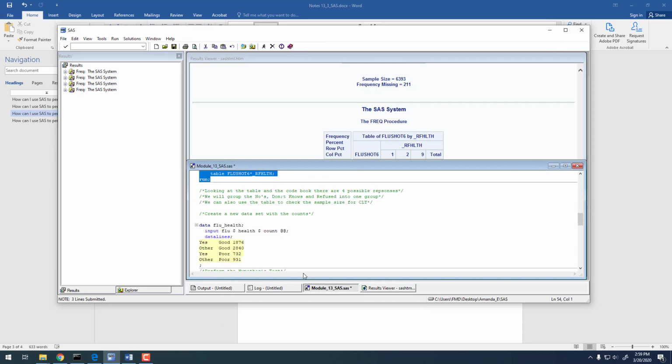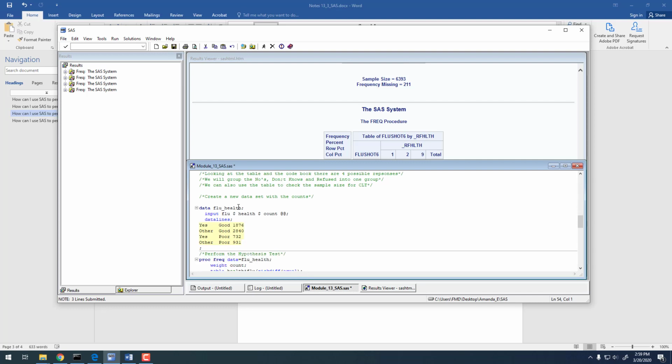All right, so what we need to do, and this is exactly what we did when we worked with the confidence intervals, is we need to take that data and create a contingency table, or in other words, we summarize it in a 2x2. So I'm creating a new data set here, and I'm calling it flu_health.